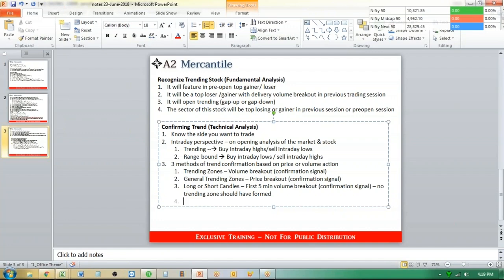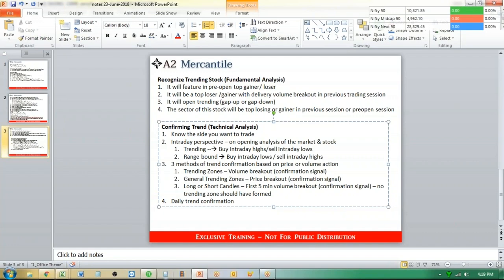So these are the methods. The fourth method is daily trend confirmation. Now, what is a daily trend confirmation?